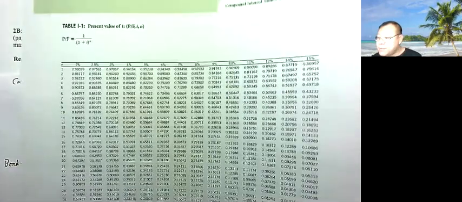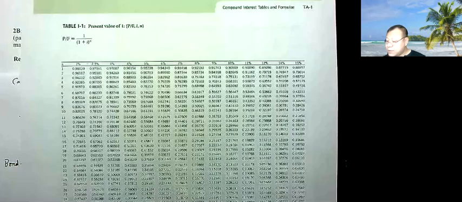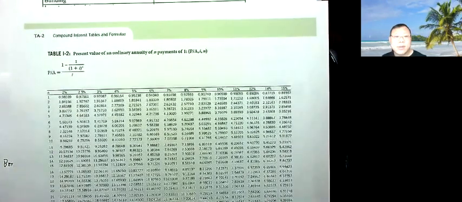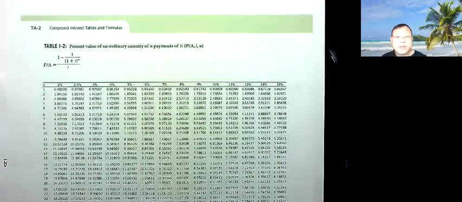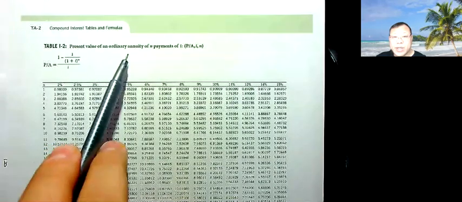Here's my table. This one, not this one. So that's my present value of an ordinary annuity.